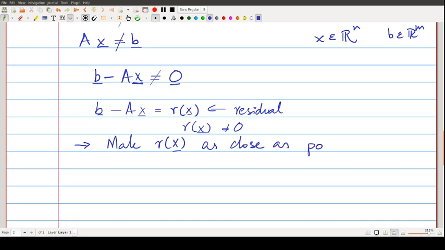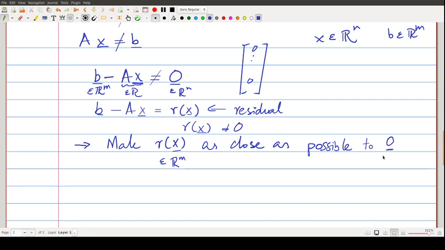Notice that this is a 0 vector. b was in R^m, Ax is also in R^m, so this is the m-dimensional real 0 vector. This 0 that I've written on the right-hand side is actually a vector that contains m zeros, and I want r(x), which is also an m-dimensional vector, to be as close as possible to the 0 vector.